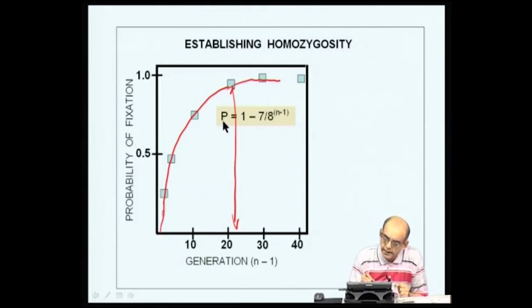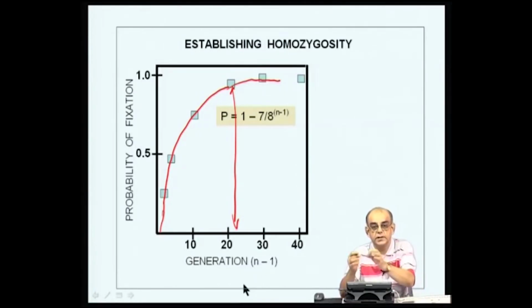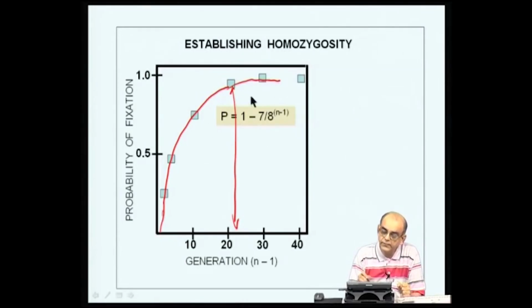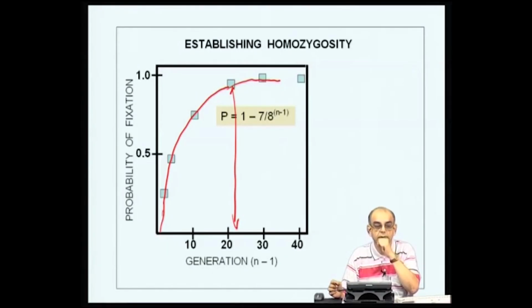This formula indicates P, standing for probability of fixing a locus or becoming homozygous. P equals 1 minus (7/8) to the power n minus 1, where n is the number of generations that you have bred these mice. Okay. So, how was this formula calculated and how was it derived?